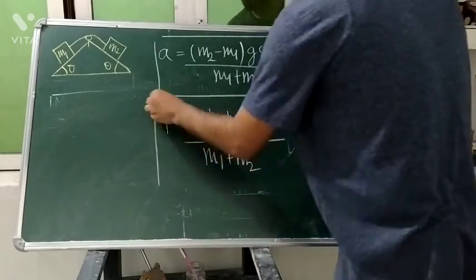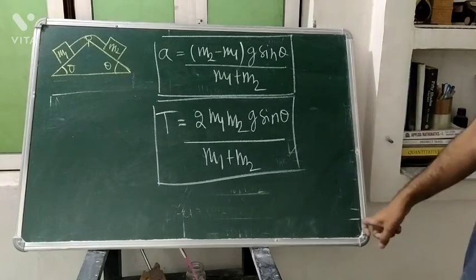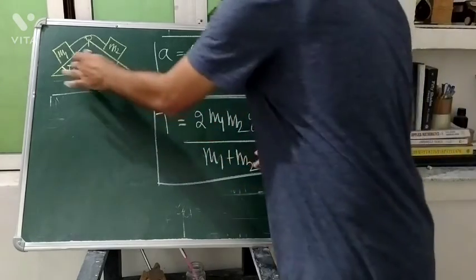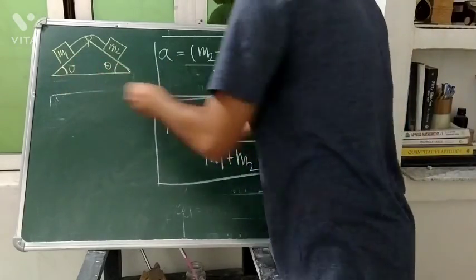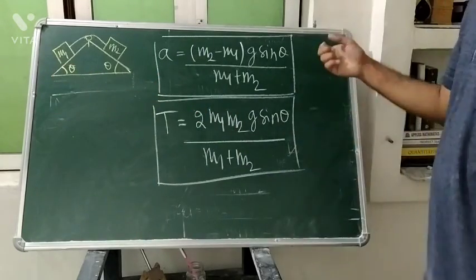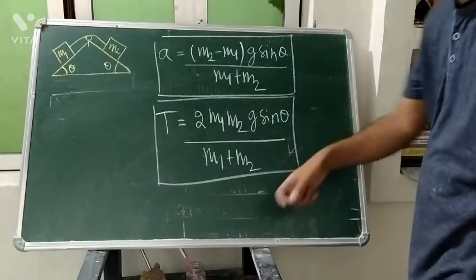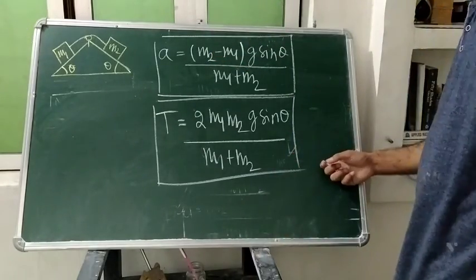Okay? So you can perform this task in the same way, making the angle theta. You can make the free body diagram, write the equation and find the acceleration and tension. You will get the same expression, the same thing which I have written here.